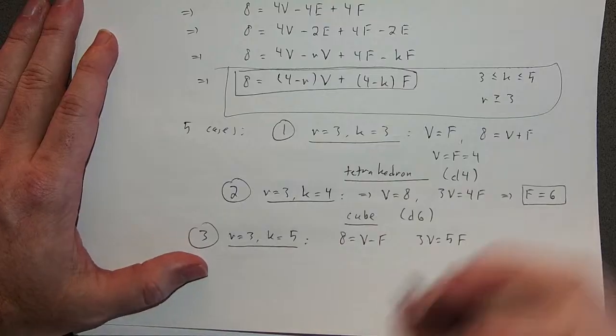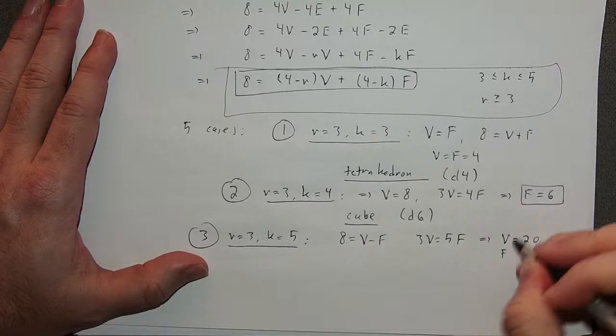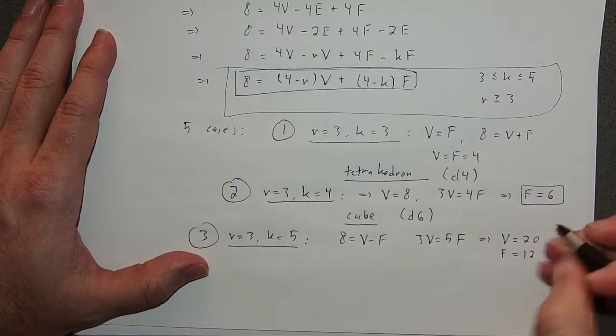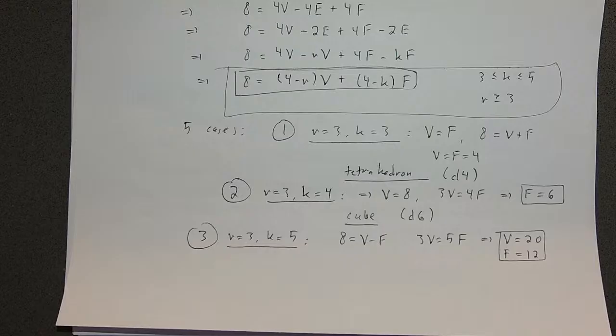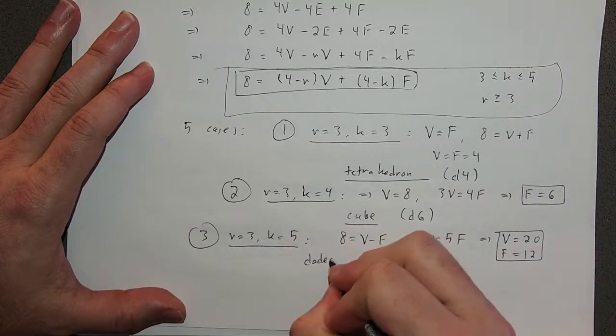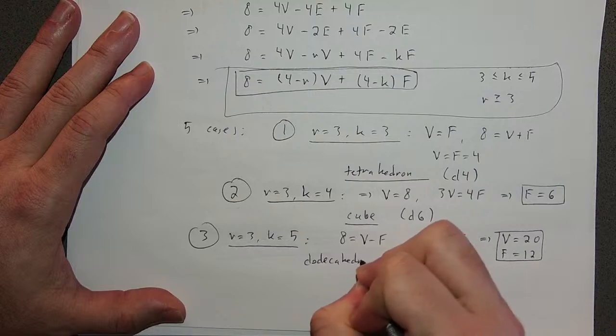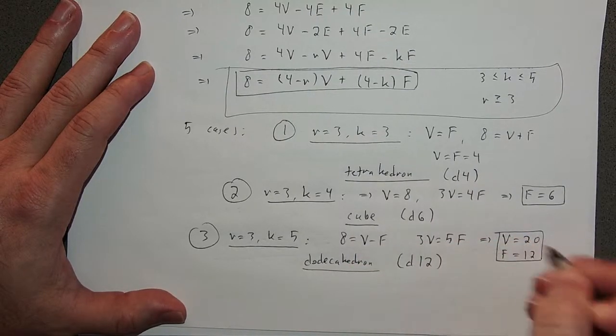If we solve this, this gives us that there are 20 vertices and 12 faces. This is a dodecahedron, or a D12.